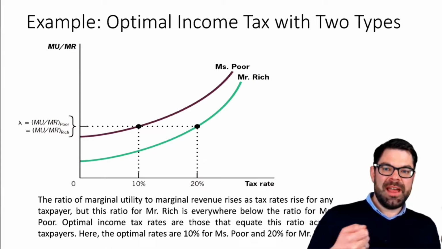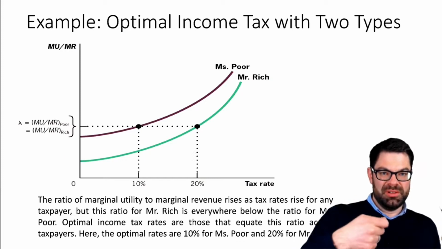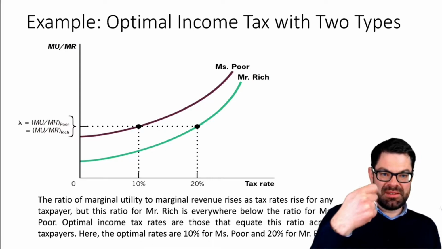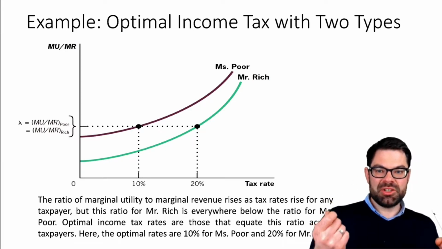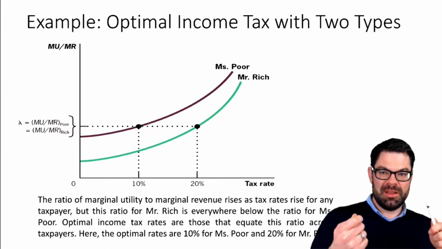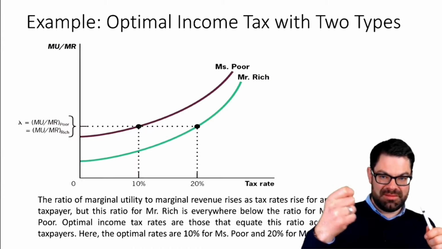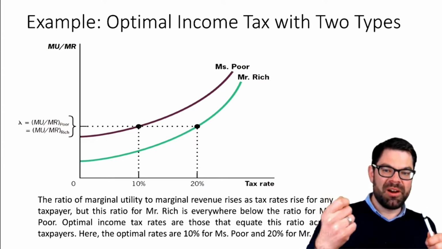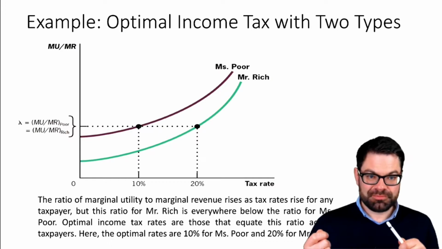So if I have one group where the utility gain for an additional euro in tax revenue is greater than for another, then I actually have some scope for more redistribution. Okay? Because then I would probably tax that group that has the higher utility gain a little bit more, and the other group a little bit less.